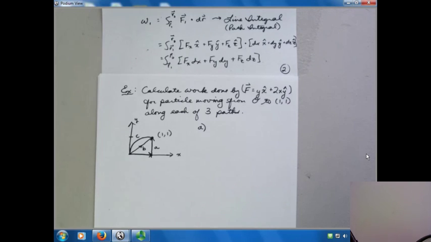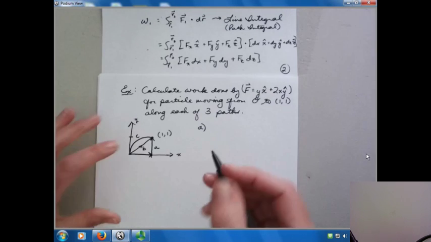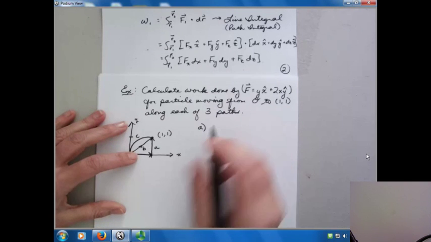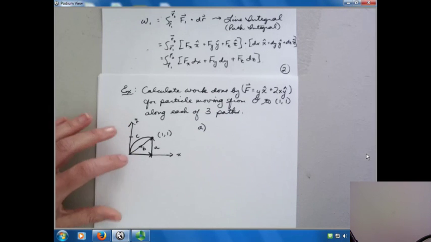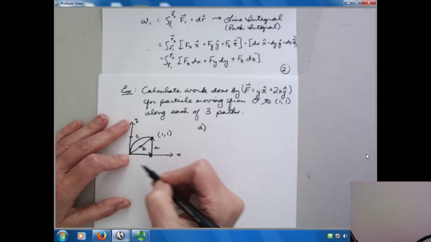Good enough. I'm going to go ahead and start working. All right. So for the first one, I have to break it up into two parts, because this is a discontinuous path.